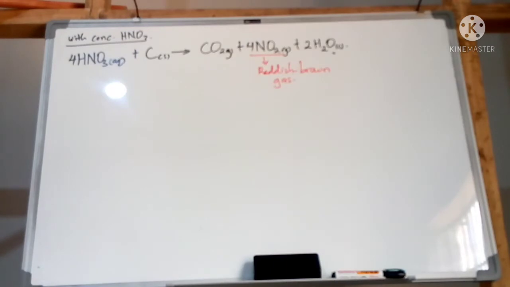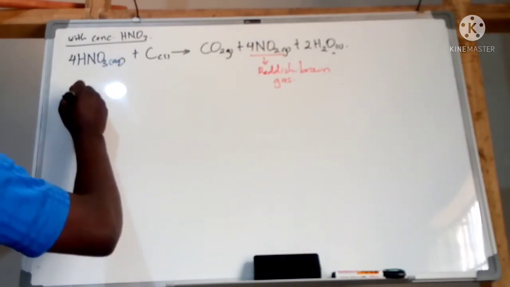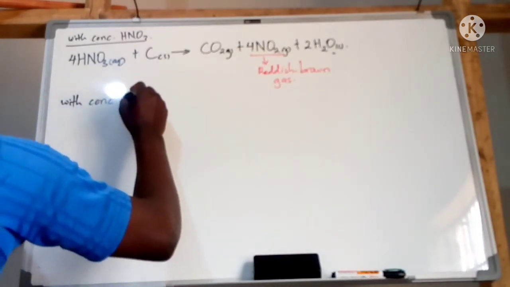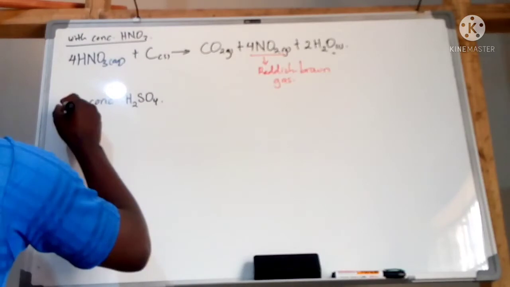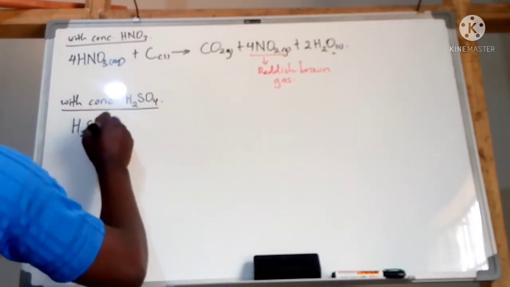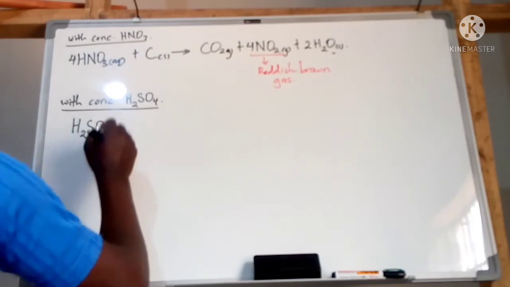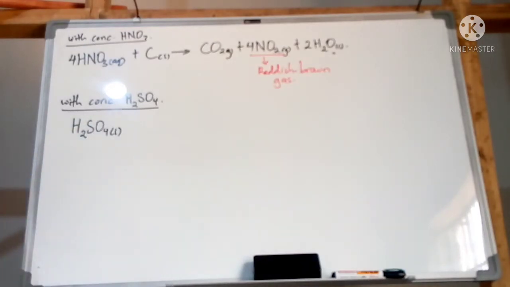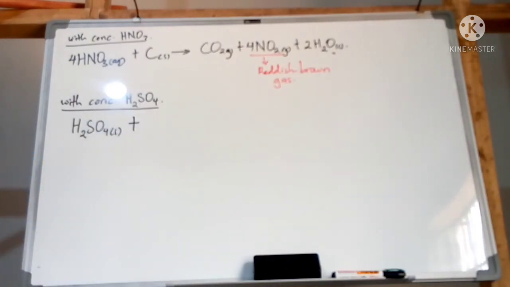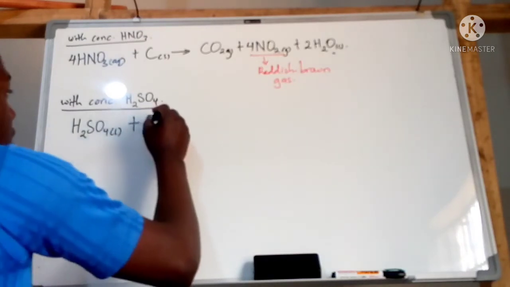Number 2 is reaction with concentrated sulfuric acid. If I have my sulfuric acid, 98% concentrated, can represent it with the liquid state. This liquid can react with carbon because we are looking at an equation where carbon is a reducing agent.